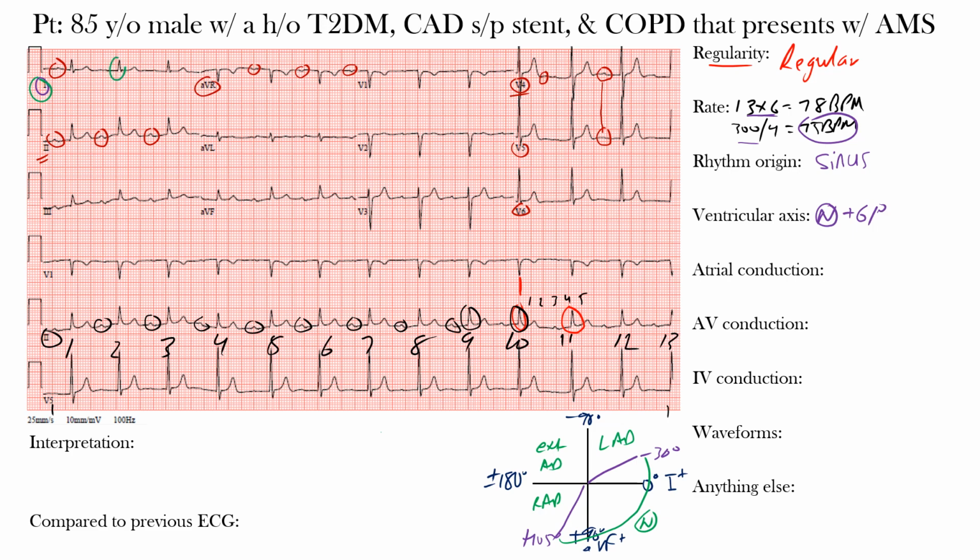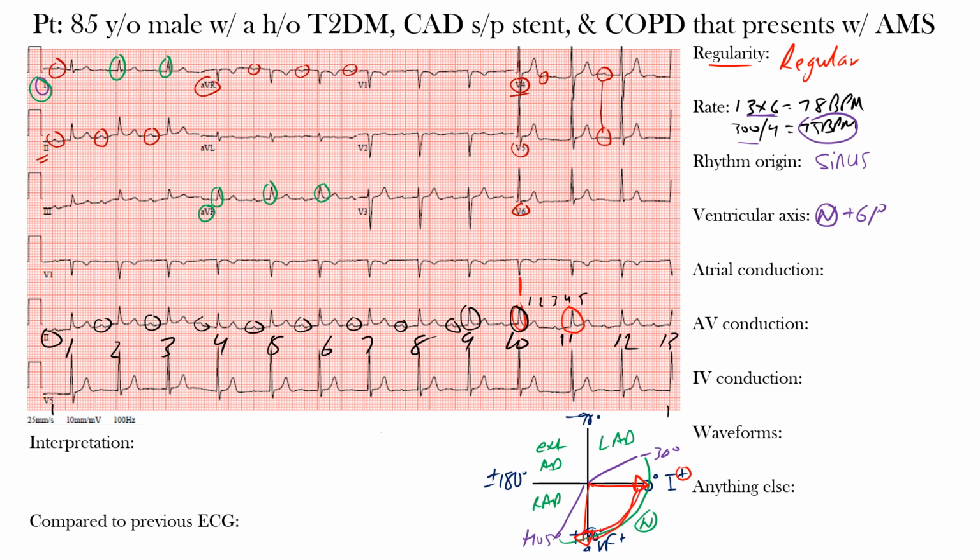So here's lead 1. Notice that these are positive QRS complexes, meaning that we're going towards the positive end of lead 1. And then if we look at AVF, this is AVF here, notice again we have these positive upright complexes, meaning we're going towards the positive end of lead AVF. That puts us in this region.